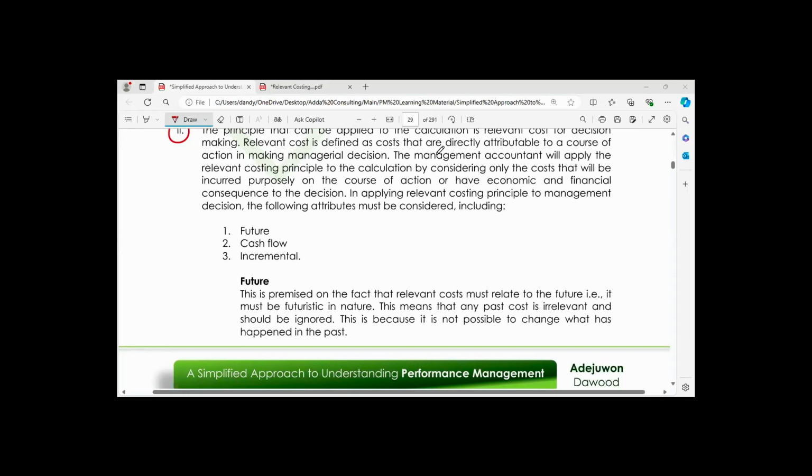You don't use absorption costing. Absorption costing is a technique designed for generally accepted accounting principles for external reporting purposes, just like you are doing your profit or loss account. So we don't use absorption costing for decision making. Purely, it has to be marginal costing technique.